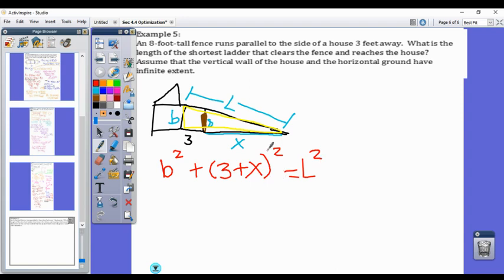The other throwback to geometry days is the fact that I've got this little smaller triangle here. In that case, I can say that 8 matches up with x, so I'm doing vertical over horizontal distance. If I say 8 over x for the green triangle, then I would say b over x plus 3.